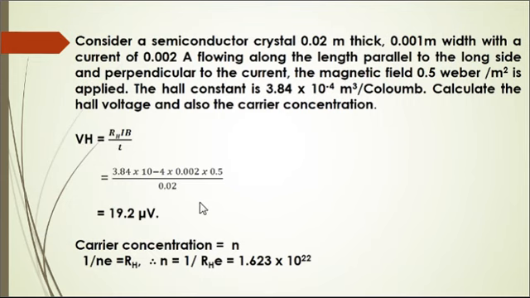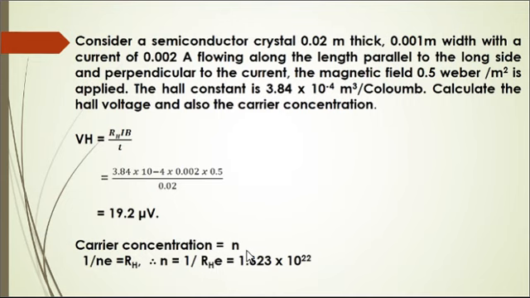And the next thing is the carrier concentration N. We have the relation RH is equal to 1 over NE, and therefore you can rewrite it as N is equal to 1 over RH E. We know the value of the Hall constant, and also we know the value of the charge, 1.602 into 10 power minus 19.